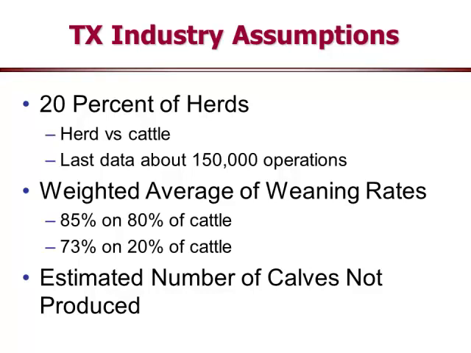So we took a base assumption of an 85% weaning rate on 80% of the operations that don't have it. And then we took 73% on the 20% of cattle operations that do have it.